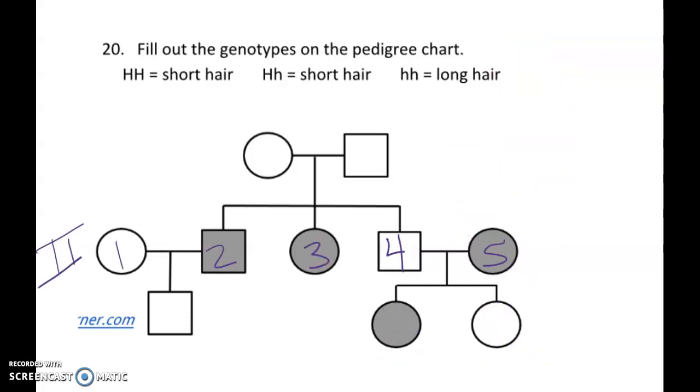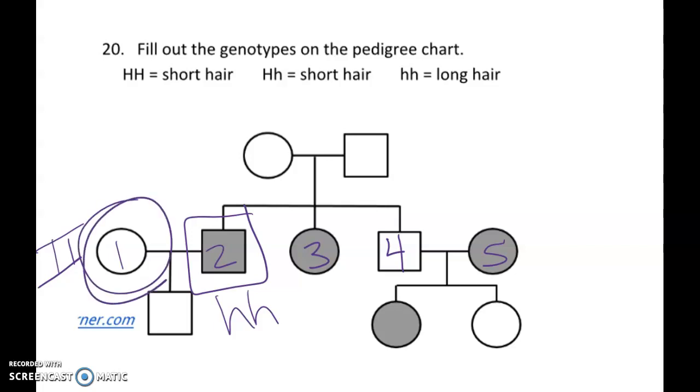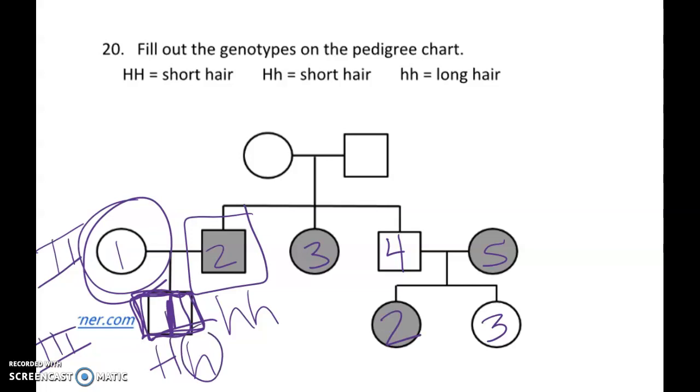Do we know the genotype of generation 2, individual number 2? Of course we do. This must be little h, little h because it's long-haired, which is recessive. Do we know the genotype of the mother here, generation 2, number 1? See if you can figure it out. We know that the male that is short-haired right here gets his father's little h.